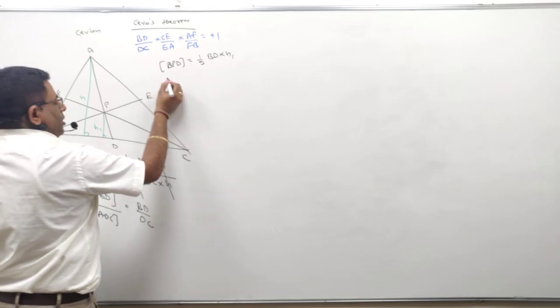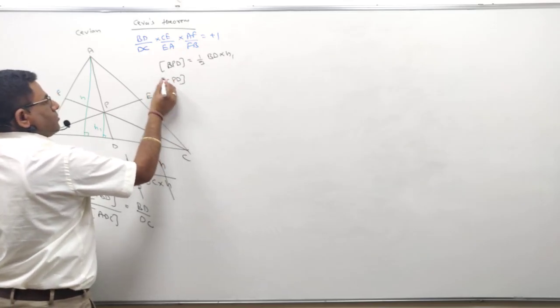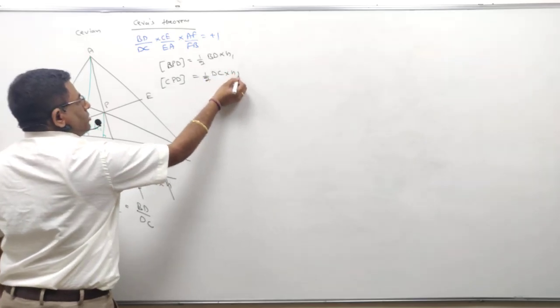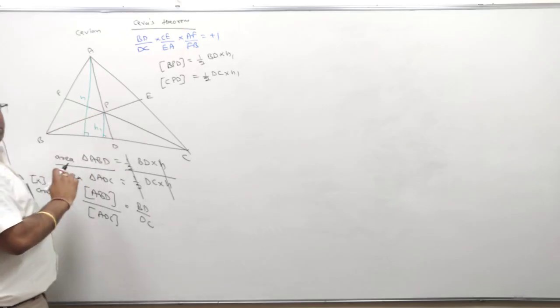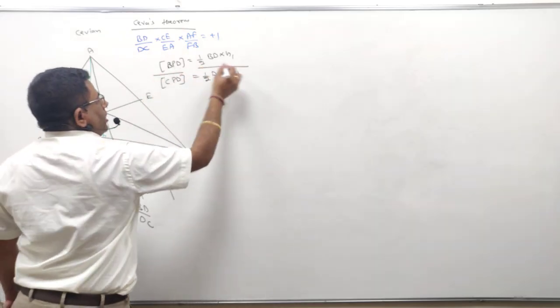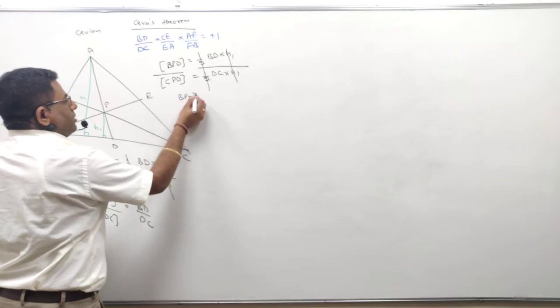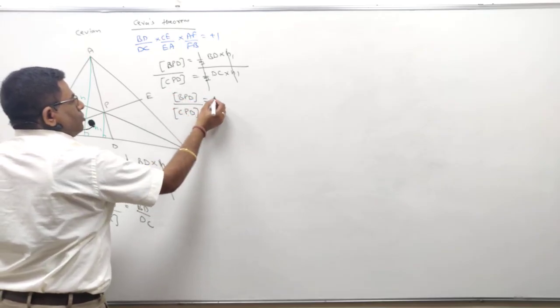Okay, and area of triangle CPD is equal to half of DC into H1. Now, if I divide, again what we get is cancelling half and cancelling H1. Area of a triangle BPD upon area of a triangle CPD comes out to be equal to BD upon DC.